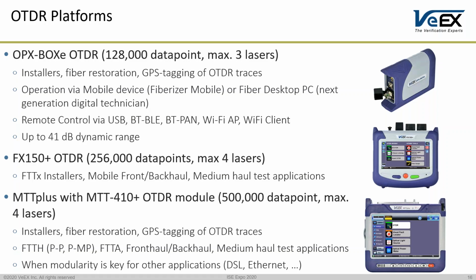So you could take out these modules and put another test module in there if you want to do Ethernet testing or Wi-Fi testing. We have modules for those. And then the other thing is the MTT Plus is a little bit bigger as far as screen size goes, and it also allows for more data points.